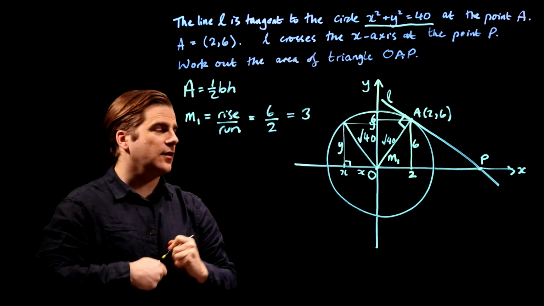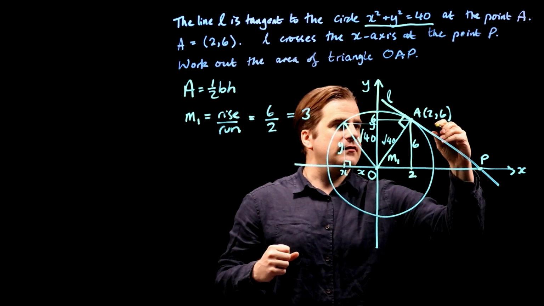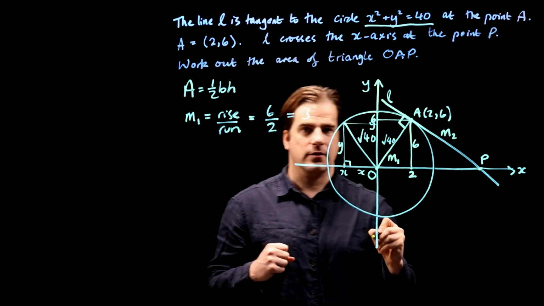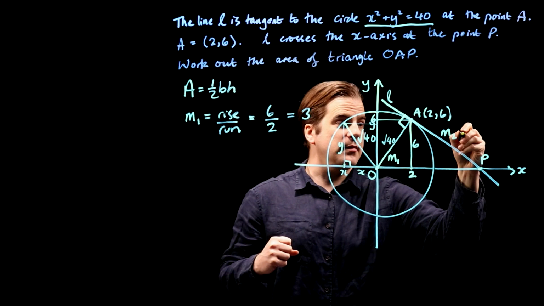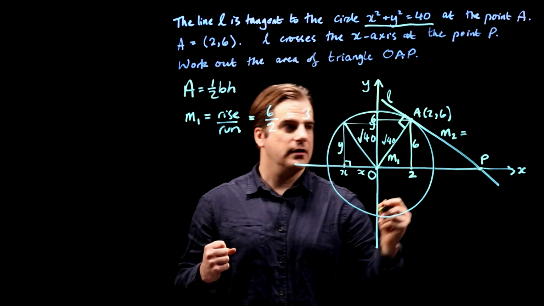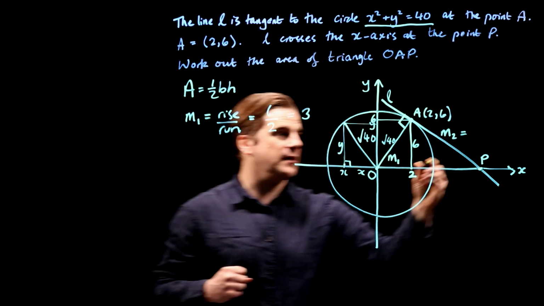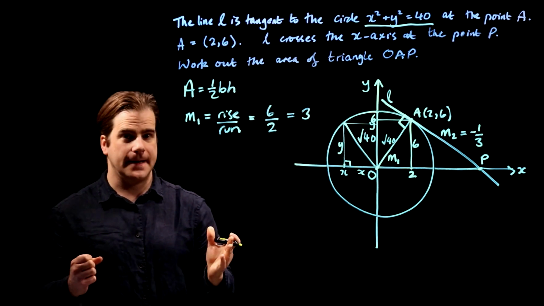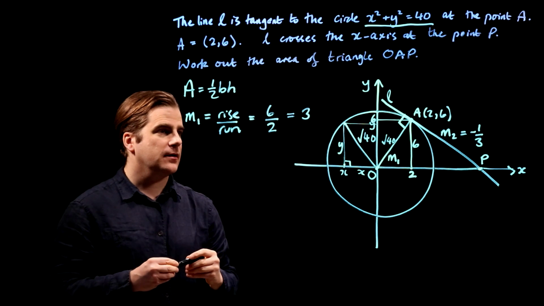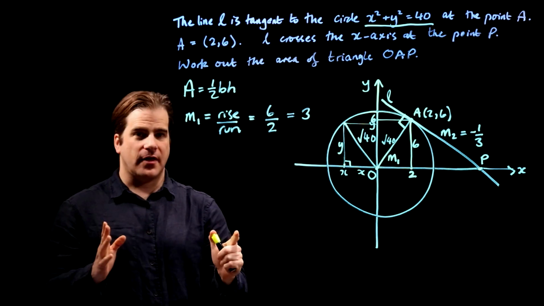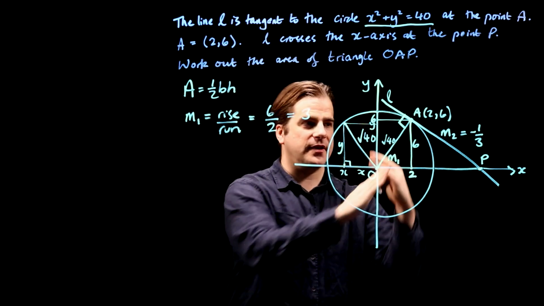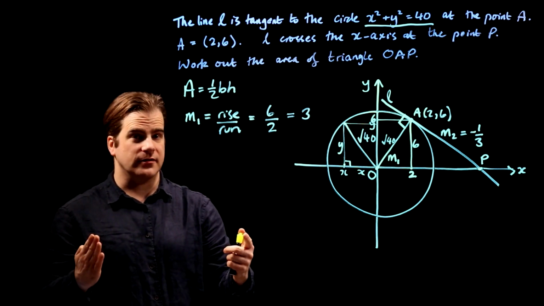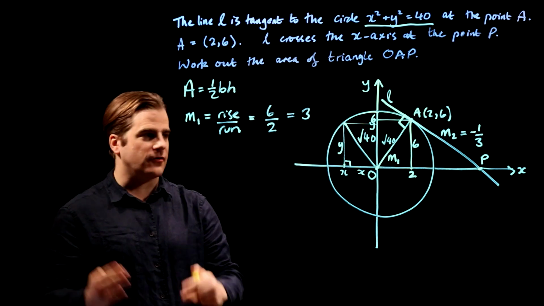So the gradient of L, let's call it m2, we can immediately write down: it's the negative inverse of 3, in other words, minus 1 over 3. Remember that. If two lines are perpendicular, the negative inverse of one gives you the gradient of the other.